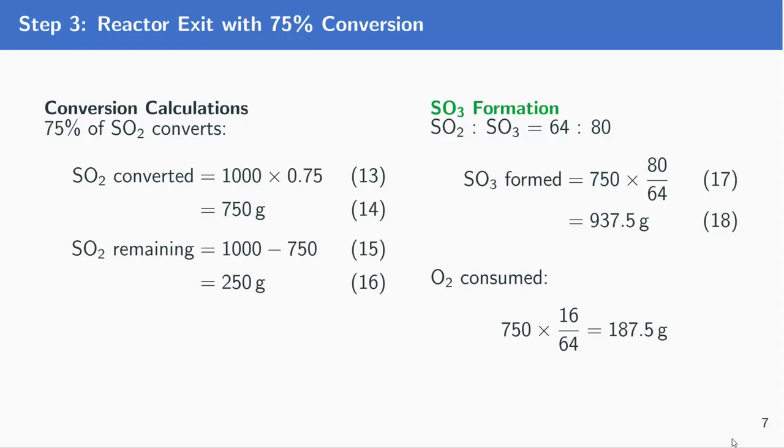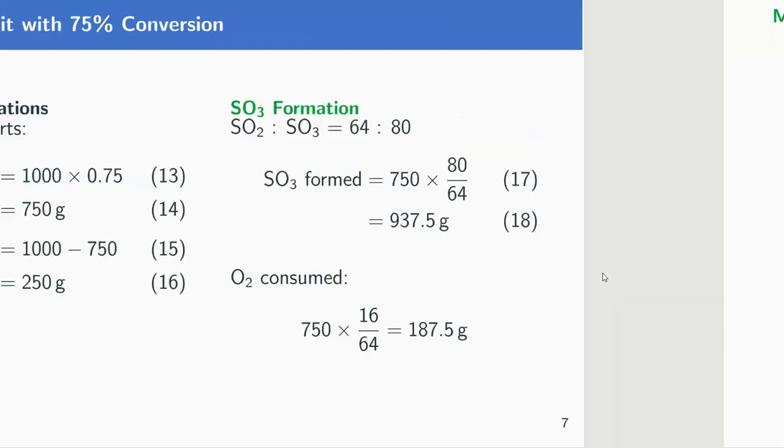So for the SO2 converted, 750 gram, the SO3 formed is 750 times 80 by 64. So that is 937.5 gram. And oxygen consumed, again from the reaction stoichiometry, is 750 times 16 by 64, so that is 187.5 gram. So we got the SO3 formed and oxygen consumed.